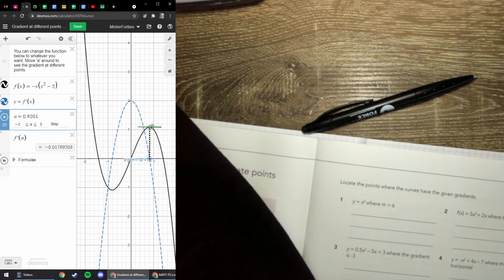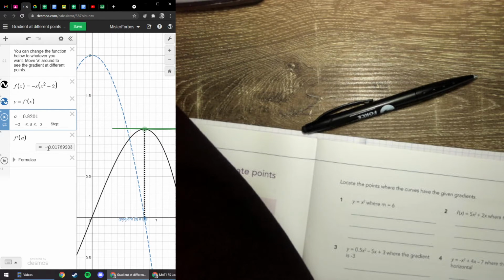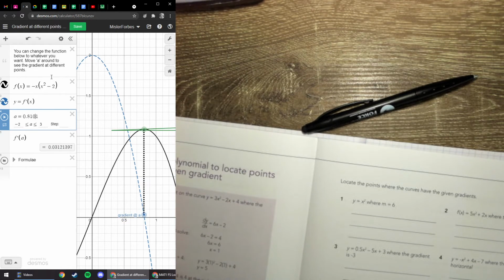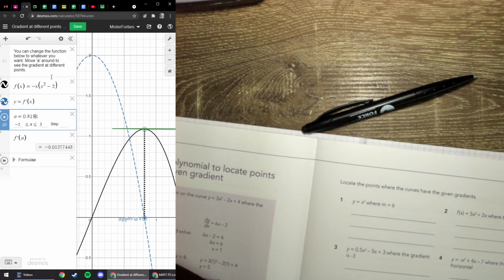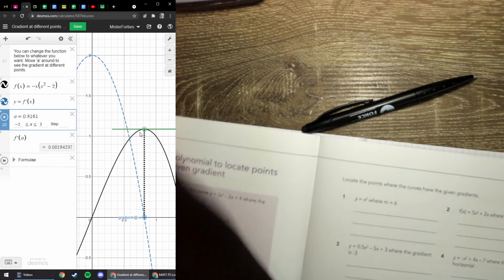See how this is when the gradient is horizontal, and that's when the gradient is equal to 0. We're getting close to 0 here. I'm just not able to quite hit it. Anyway, horizontal gradient means gradient of 0.